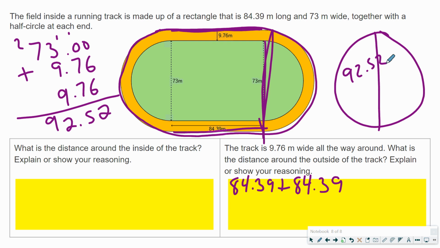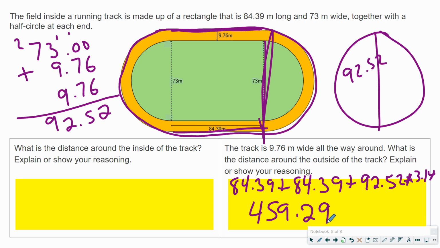This time, instead of using the 73, I do 92.52 times 3.14. So I get about 459.29 meters.